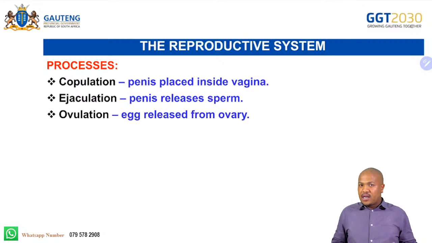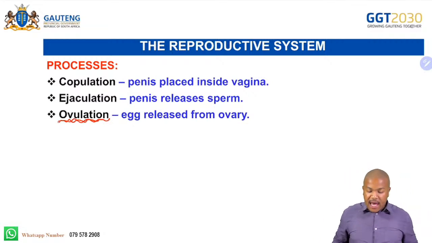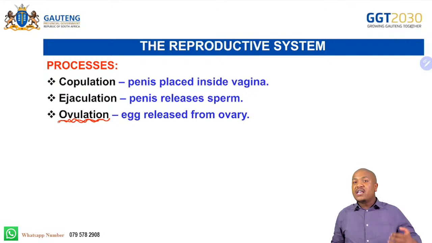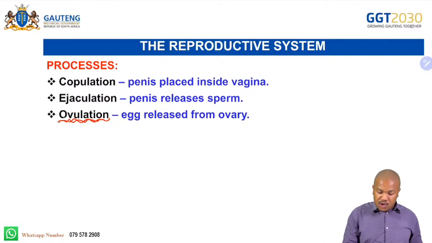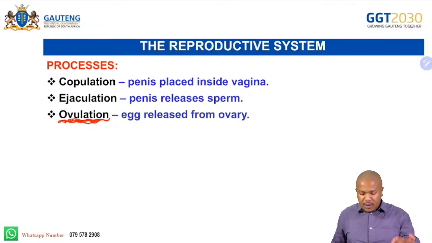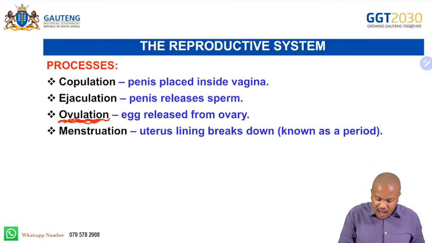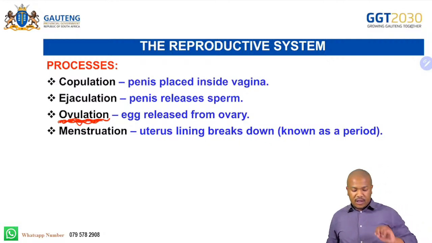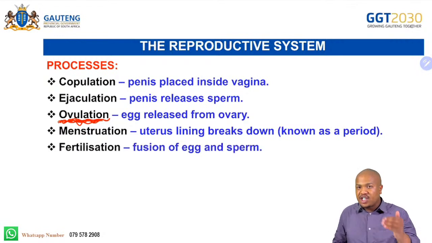After ejaculation takes place, in the meanwhile, in the female reproductive system, ovulation is taking place, right? Remember, ovulation is the releasing of the egg cells from the ovaries into the fallopian tubes. Now, after ovulation has taken place, two things might happen: either menstruation may occur or fertilization may occur.